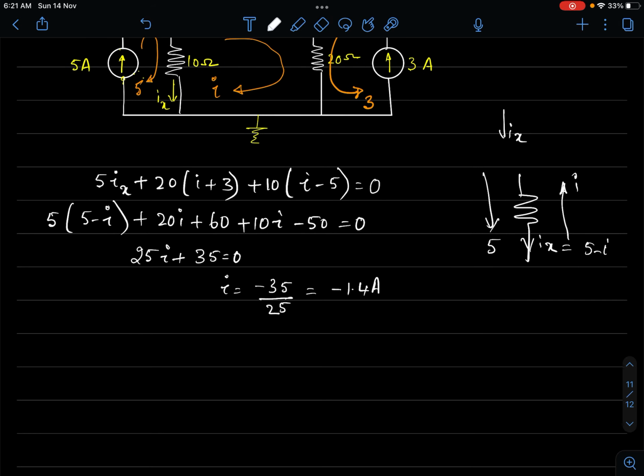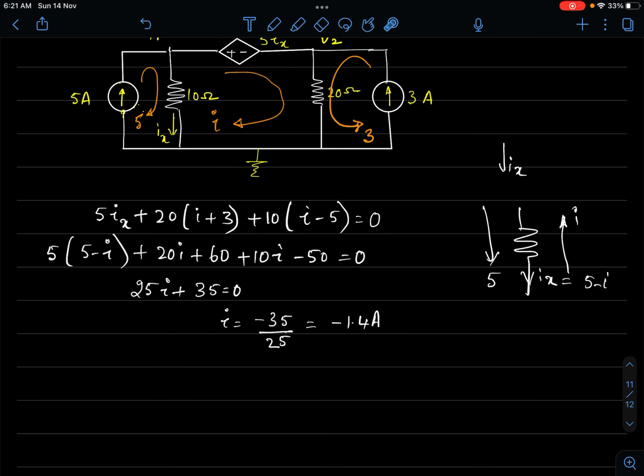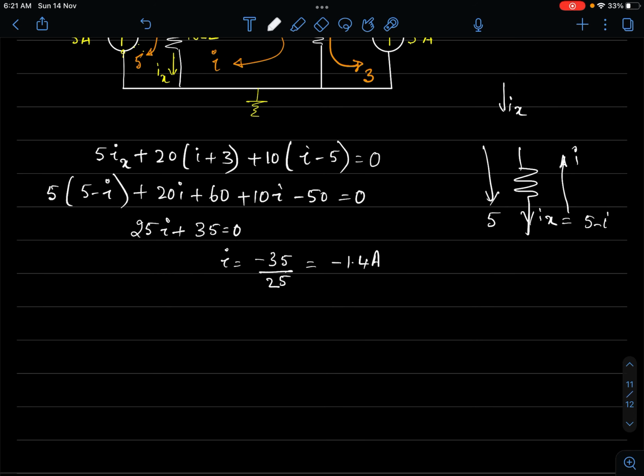Having found the current, we can always find out what is 5 times Ix, right? So why are we interested in 5 times Ix? Because we need to know this voltage or the potential difference, V1 minus V2, so that we can find out what is the power that is consumed in 16 ohm resistance, right? So in 16 ohm resistance, we will have to compute the power consumed.